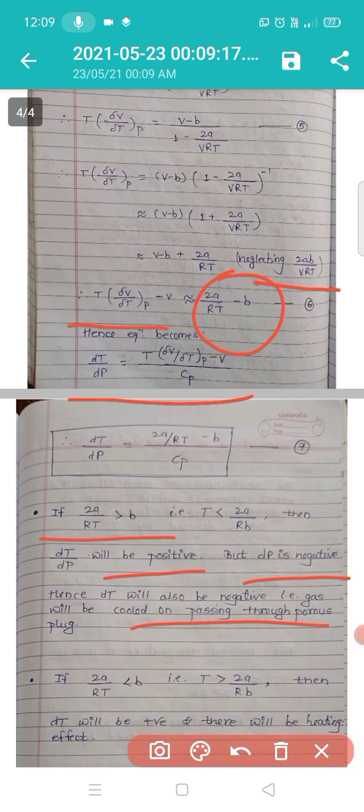porous plug. Here the condition is, if the ratio 2a by RT is greater than b, that is T is less than 2a by Rb, then dT/dP will be positive, but dP is negative, hence dT will also be negative, that is the gas will be cooled on passing through the porous plug.